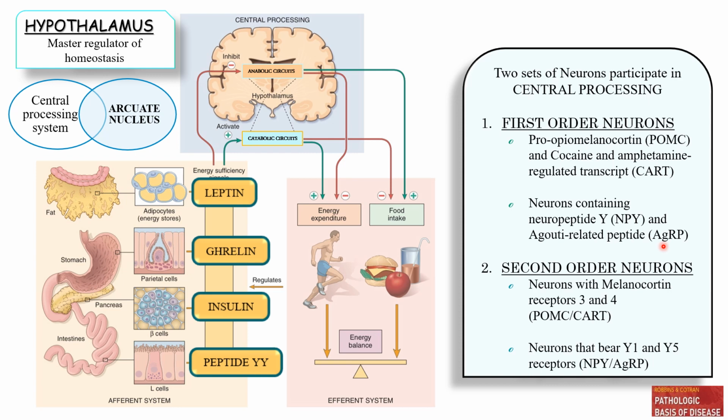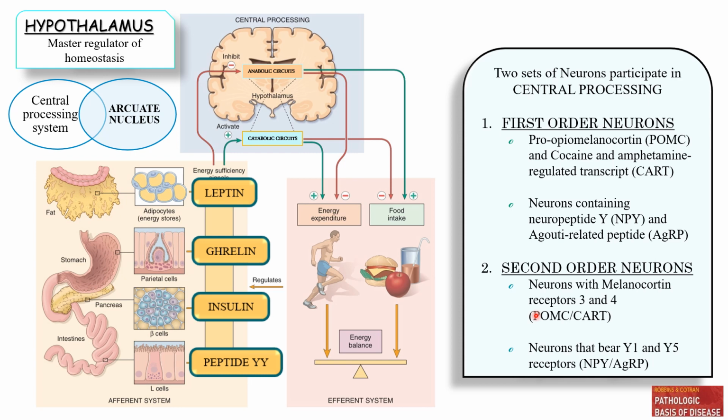The second order neurons consist of a pair of neurons associated with melanocortin receptors and Y1 and Y5 receptors. I know this is a little overwhelming, but we'll make it simpler in subsequent slides.